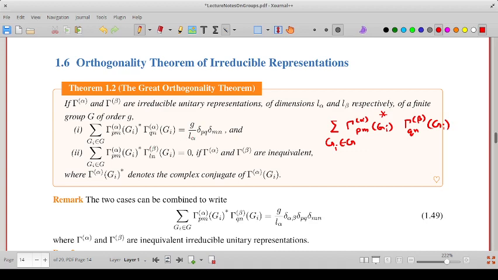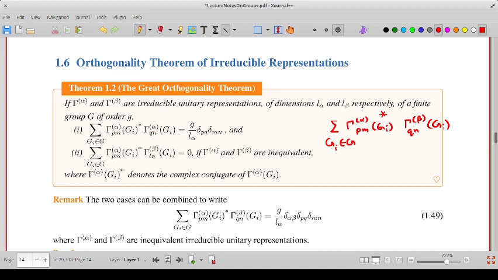Now we can also construct a similar quantity if gamma alpha and gamma beta are two inequivalent irreducible representations. Then the quantity constructed this way, but in the second case, instead of gamma alpha QN, we take gamma beta QN, will be equal to 0.